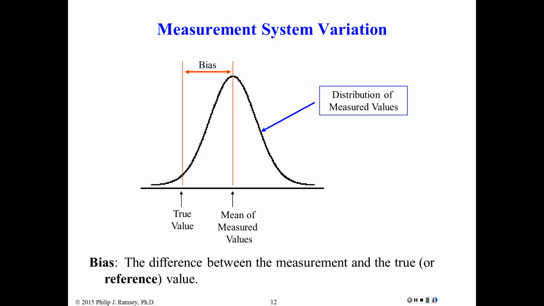Again, accuracy or bias simply means if you take a lot of repeated measurements, on average, do those measurements actually coincide with the true value? Again, you typically measure bias by using standards or references, and you're seeing how close the measurement system comes to matching the true certified or known value.